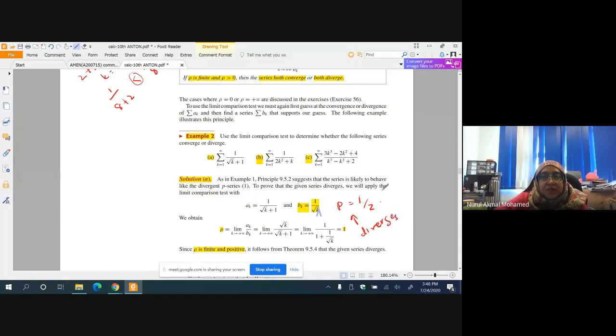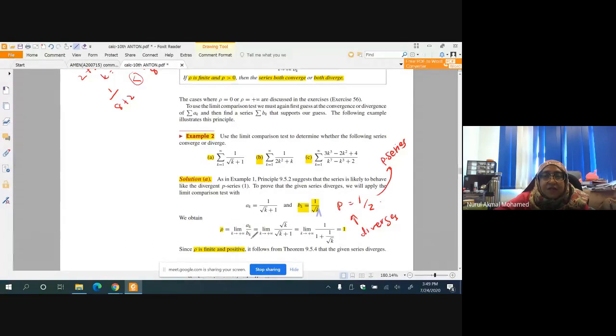Okay, so this is P series. And then we want to find the limit for the ratio AK divided by BK. If we have rho is finite and rho greater than 0, then since we already know AK is diverge, it means that your BK is also diverge. Okay, so you check with the rho.